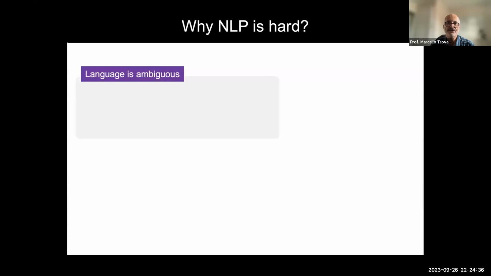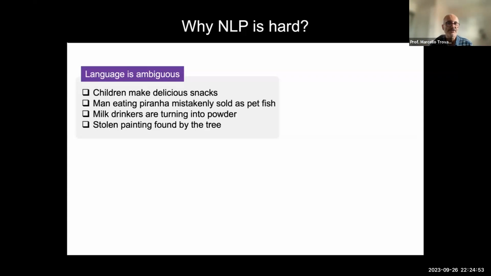So why is this difficult? That is one of the main issues. You have probably heard that ChatGPT in some cases hallucinates, because language is really ambiguous. If you look at some sentences, you'll see they can be interpreted in different ways.